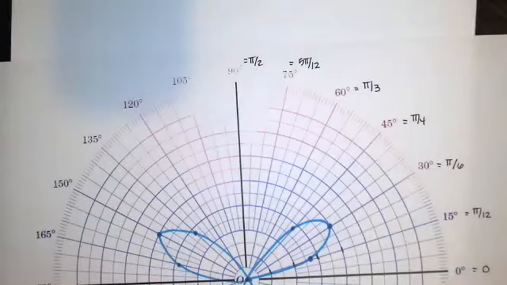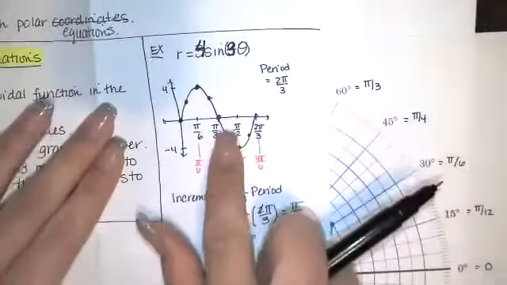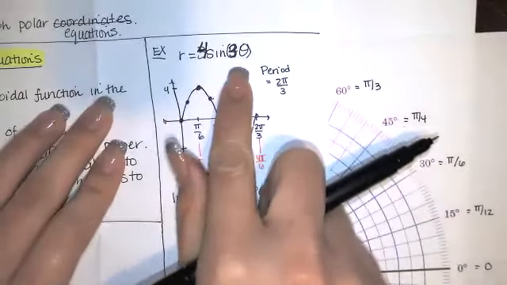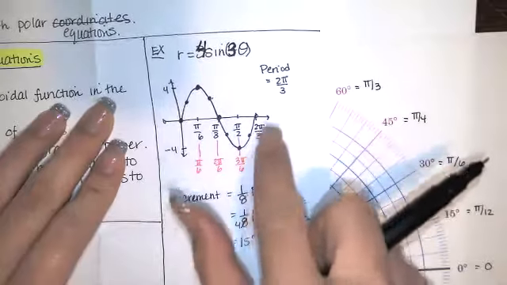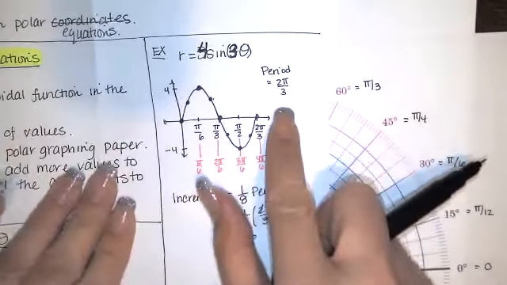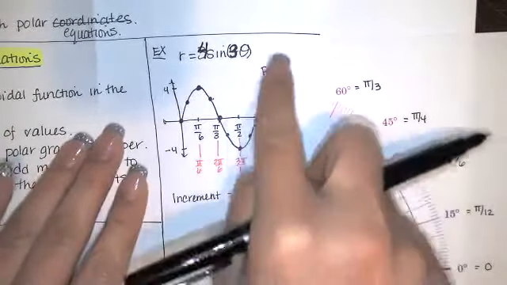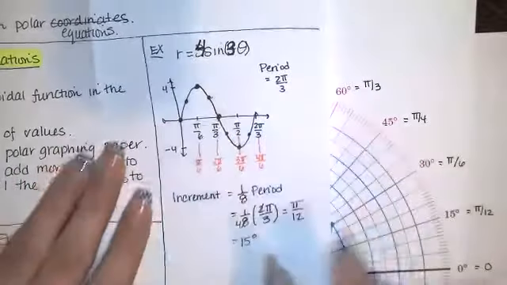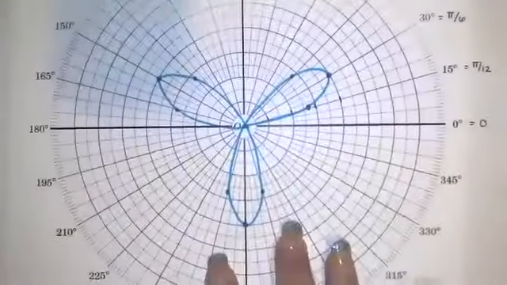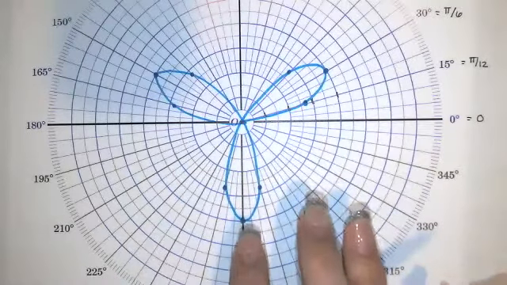Even though this little flower graph starts repeating itself every pi radians, the original sinusoidal function, r equals 4 times sine of 3 theta, repeated itself every 2 pi over 3 radians. So be careful about that. The period of the sinusoidal function is not necessarily the period of that polar graph.